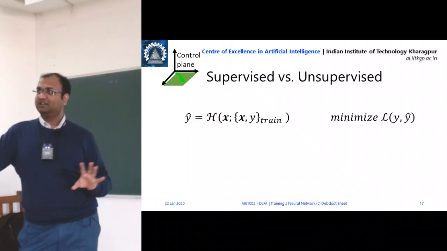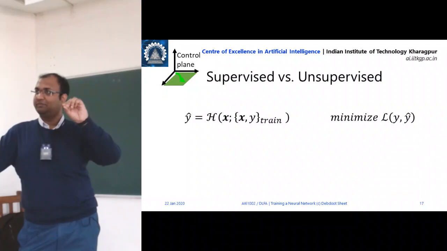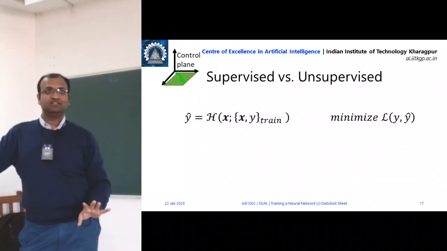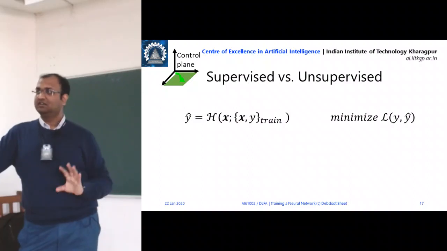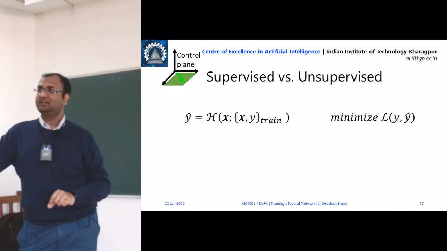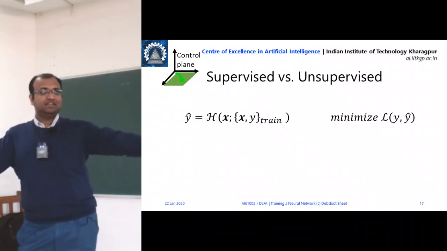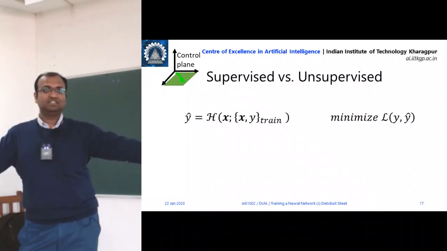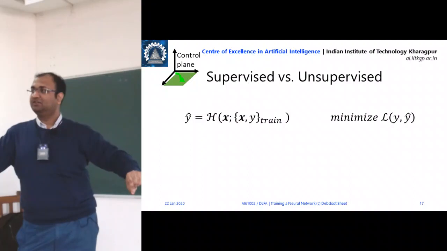If my model can somehow memorize all x comma y mappings, and that can happen if the total number of parameters in my model is significantly larger than the total number of training samples which I have, then on this whole data set on which I am evaluating, it's going to give me a 0 error, right? But on another data sample point which I give, which it has not seen during the training phase, it's not going to give me a 0 error. Over there a non-zero error comes up, and that's going to be a problem.